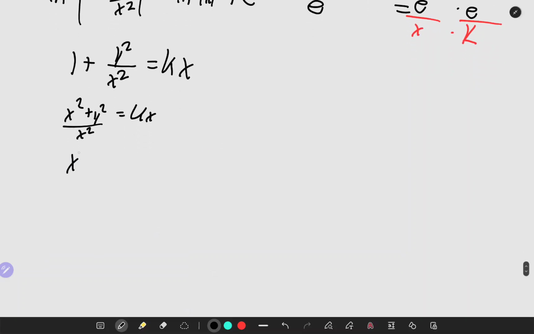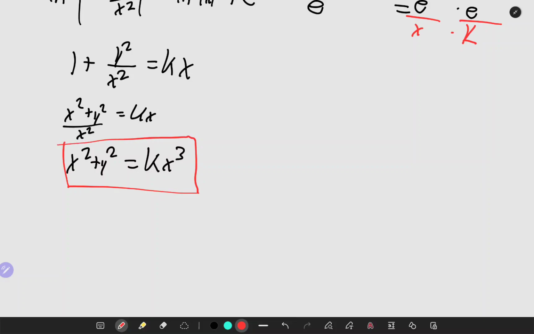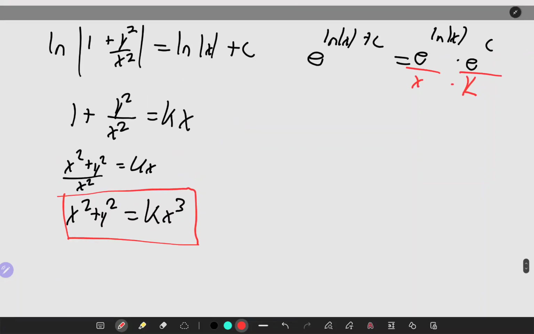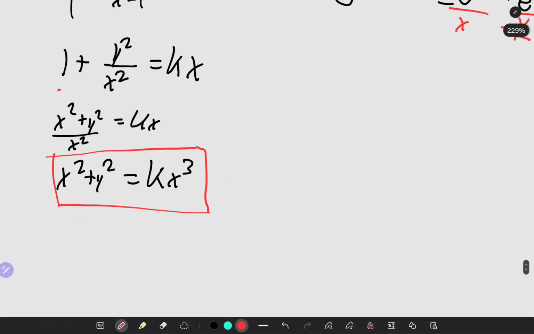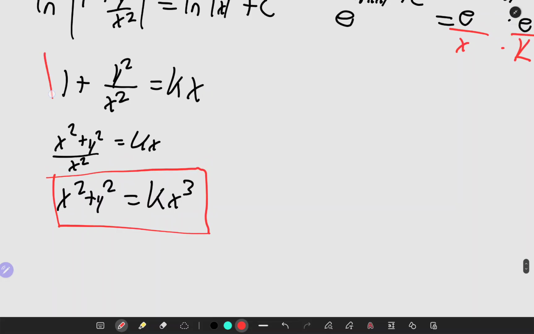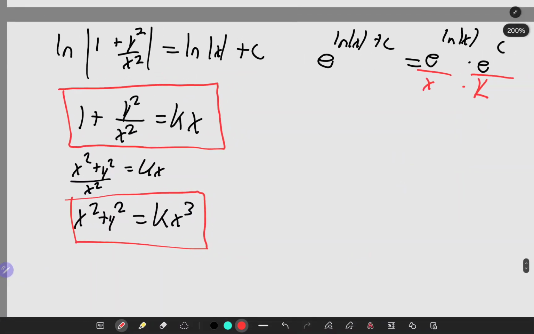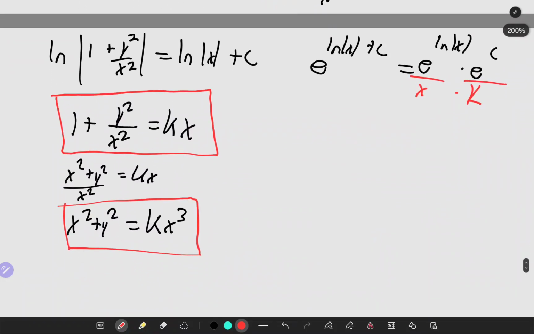So then x squared plus y squared is equal to kx cubed, right? These are the same answer. This is just rewritten. I guess it's a little more simplified. You're okay with just leaving it like this. Yep, and that's the answer.